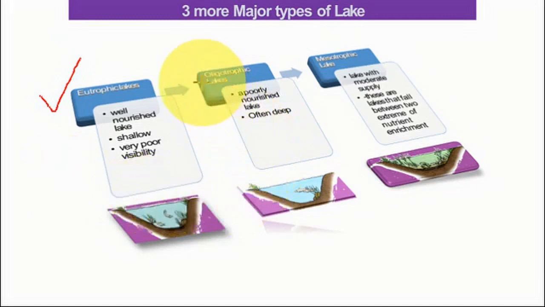Then there are oligotrophic lakes, which are very poorly nourished and very deep, and you can find an aphotic region in this lake. And mesotrophic lakes are in the middle between eutrophic and oligotrophic lakes, so they are moderately rich in nutrients.